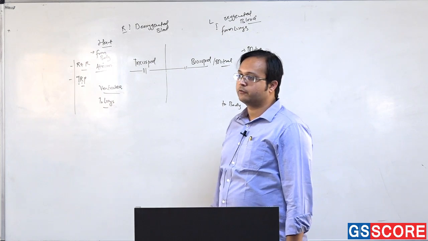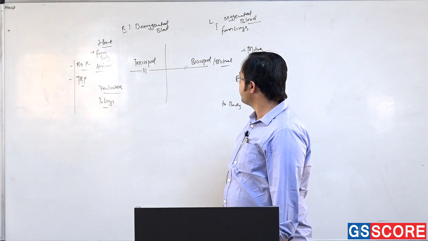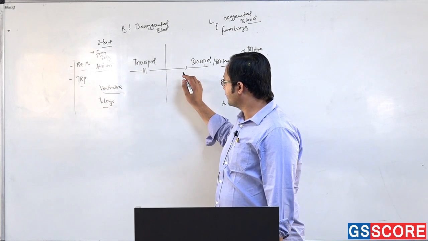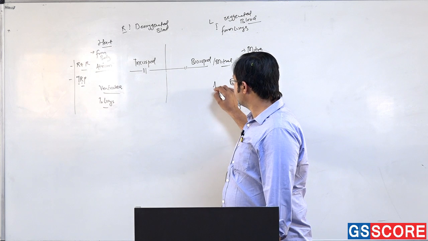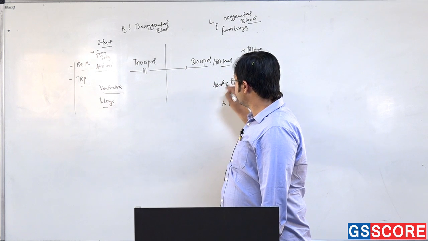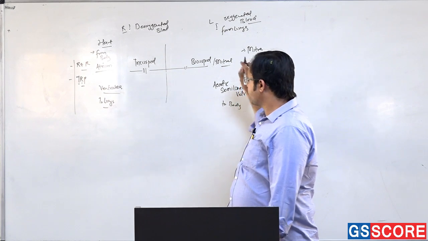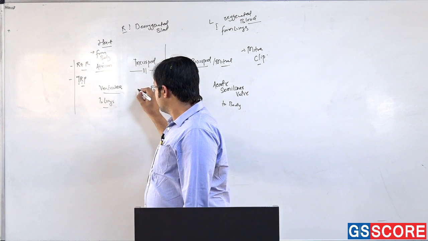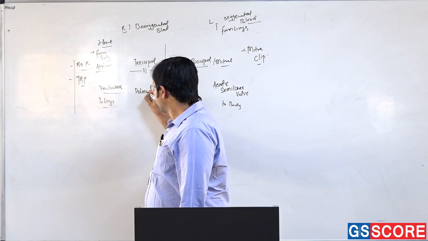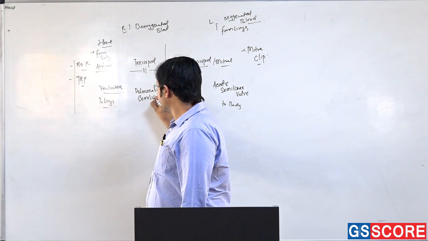Towards the body, the oxygenated blood comes through the aorta. So over here we have the aortic semilunar valve. Towards the lungs, the pulmonary semilunar valve.